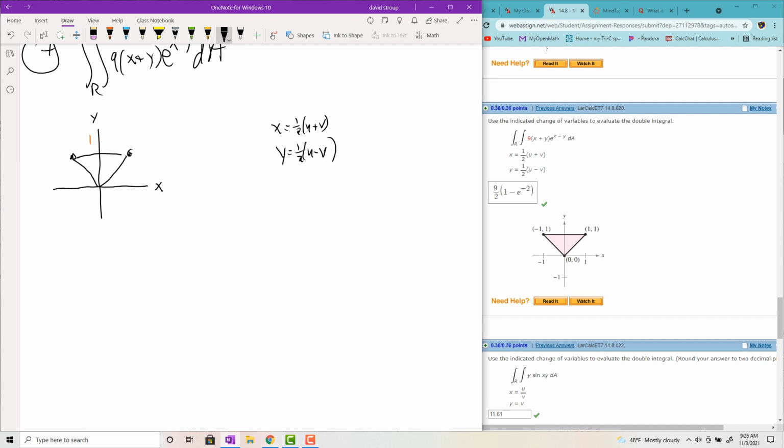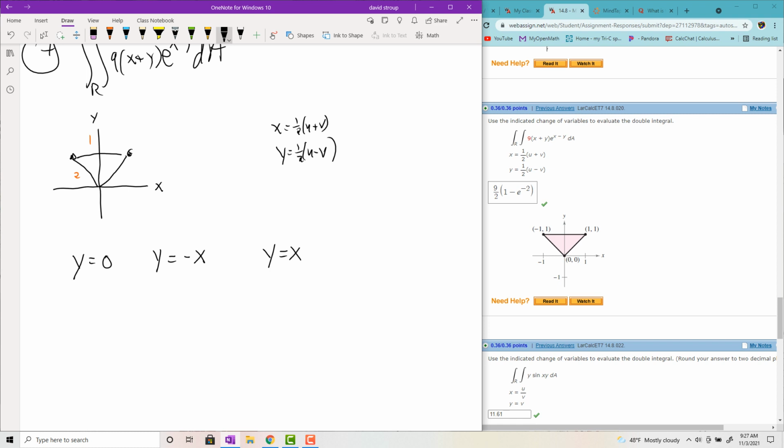The first line is that horizontal line through 1. Clearly, that's just y equals 0. The second line has a negative slope: y equals negative x plus 0. And then the third line, y will equal just positive x.